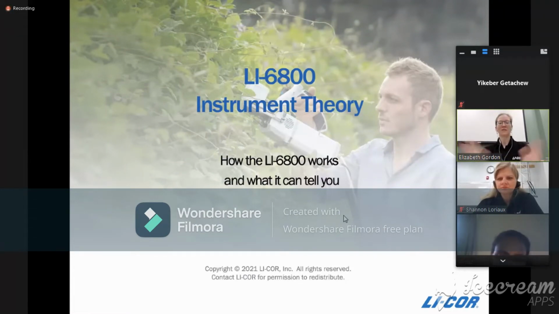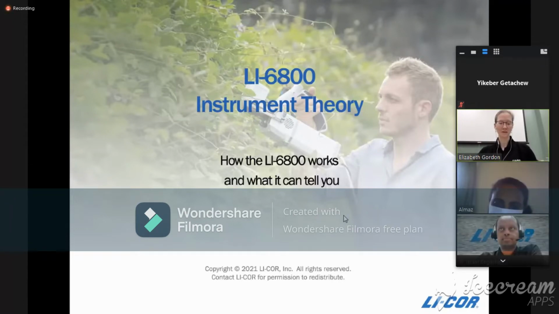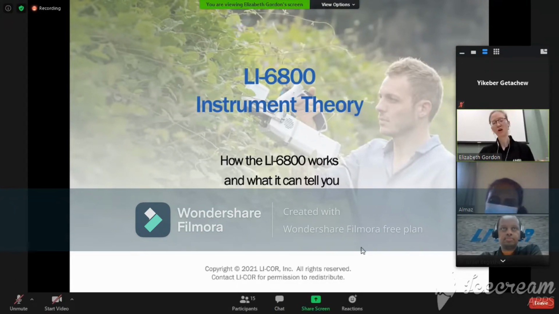As I said, we're going to start with the LI-6800 instrument theory, which is basically how it works and what it can tell you, because if we need to know how it all works together, it helps to understand the principles of it.